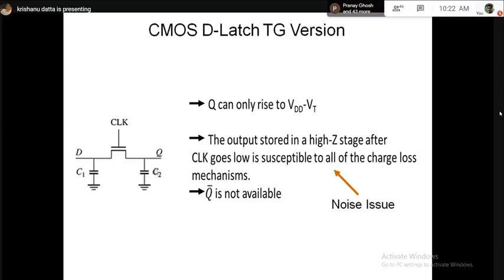Since it is a single transistor cell, the density of a DRAM array is extremely high, and this DRAM array in a computer is popularly called your main memory. As all of you know, main memory is not part of your CPU, right? It is a separate standalone memory on the motherboard, and the CPU communicates with main memory.